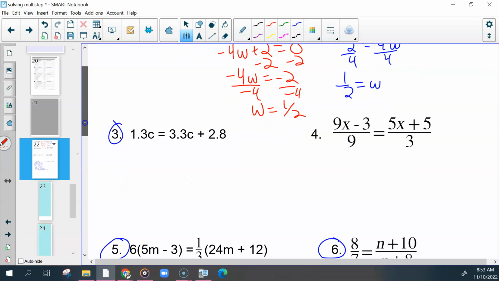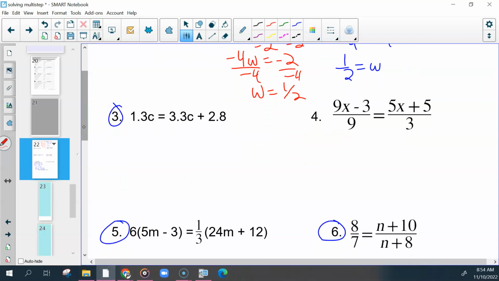So for 3, how do we think we would solve that one? Dylan? Minus the 3.3c and then the 1.3c. And then if we subtract that, what do we get?